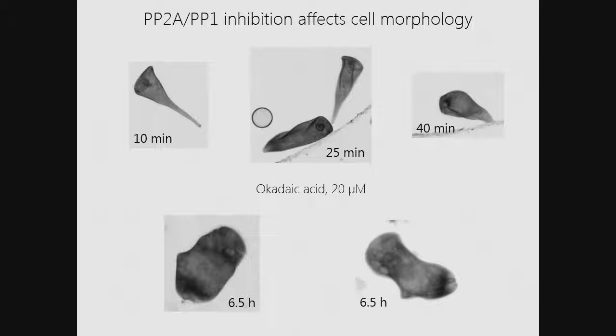So I will be very curious to see what it does in Stentor, because if you imagine that filamentous actin helps Stentor to maintain its shape, if you disrupt it, you can expect to see those folds. So these are future directions that I'm very much excited about.